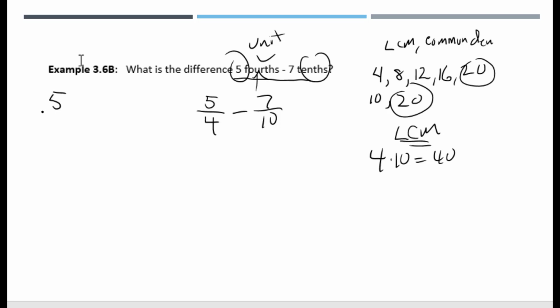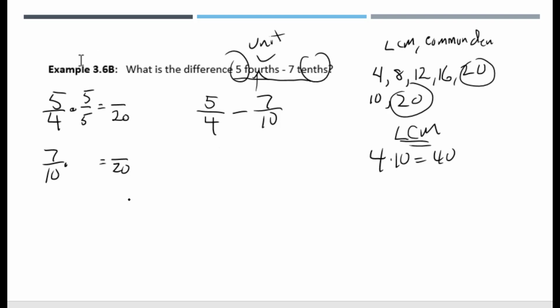So I'm going to take 5/4, multiply it by a form of 1, and get 20ths. And I'm going to take 7/10, multiply it by a form of 1, and get 20ths. The only thing I can see here is 4 times 5 is 20, so I'm going to multiply it by 5/5. 5/5 is 1.